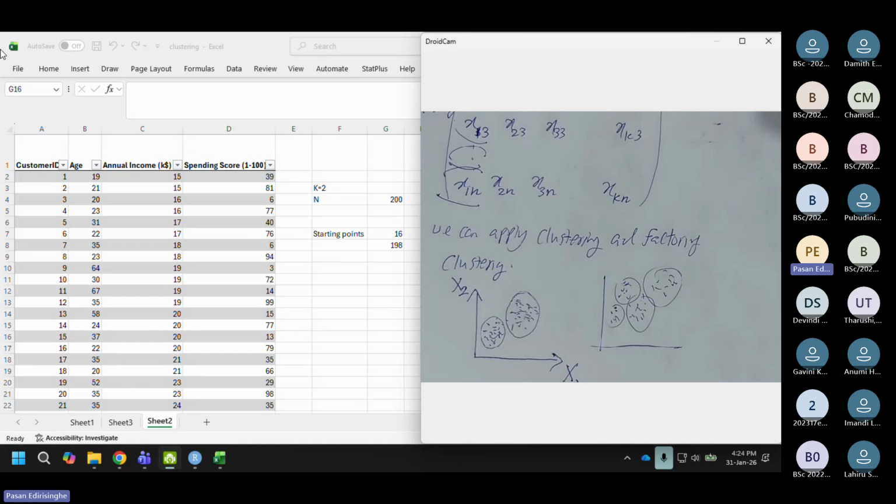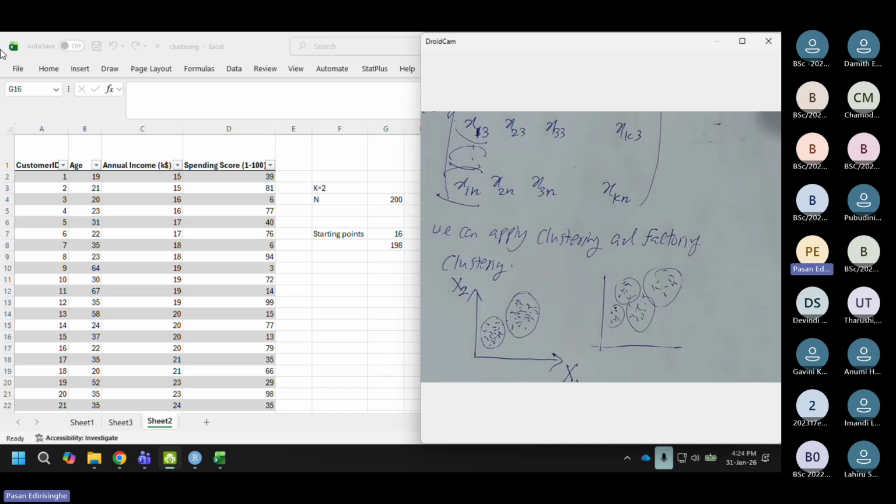In that case, there are several techniques you can apply. In terms of clustering, we have hierarchical clustering and non-hierarchical clustering. If you use hierarchical clustering, it gives us some idea about how many clusters we can have; initially you don't need to mention the number of clusters.